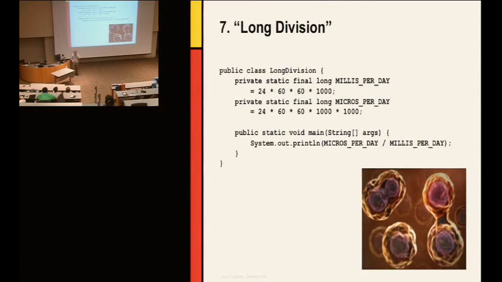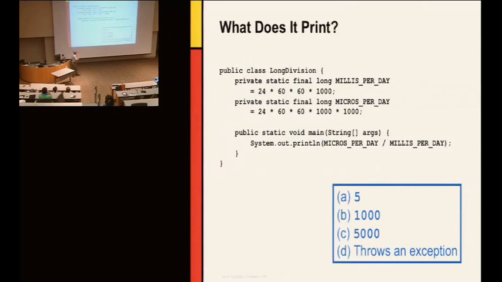And that actually makes sense, right? Because if you divide the number of micros per day by the number of millis per day, you get the number of micros per milli, which should be 1,000. So my question to you, does it print 5, 1,000, 5,000, or does it throw an exception? I'll give you a short time to think about that one.